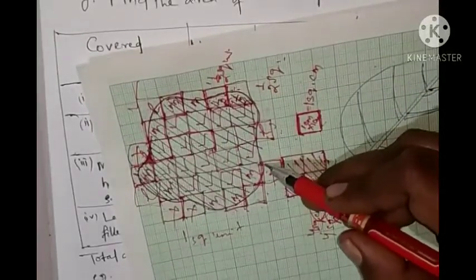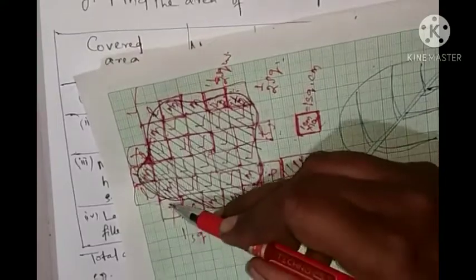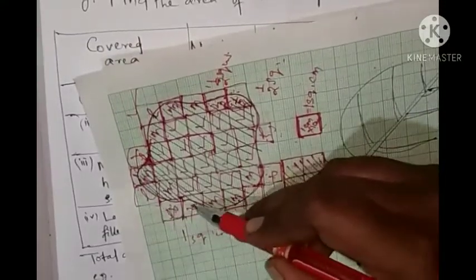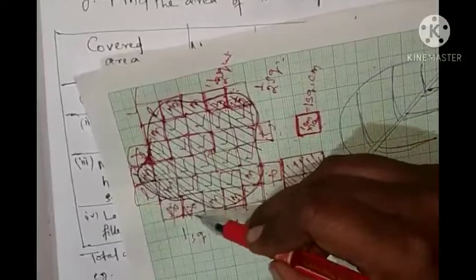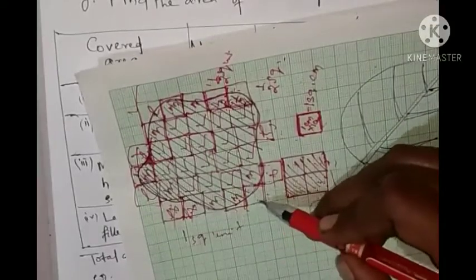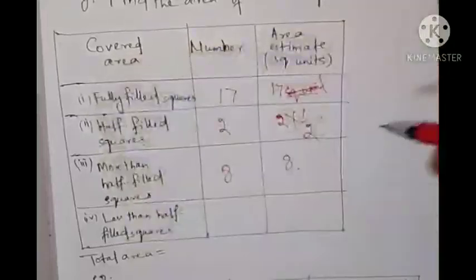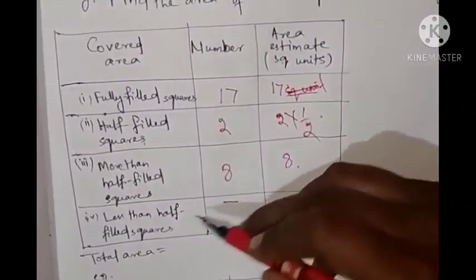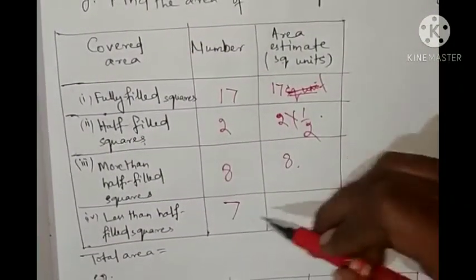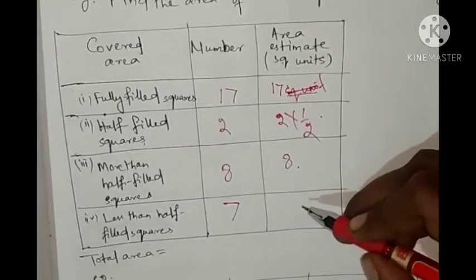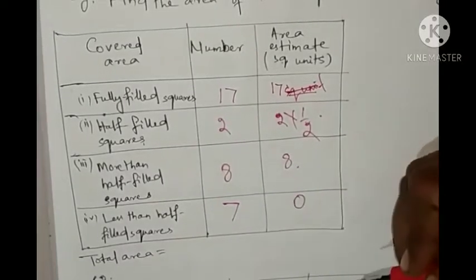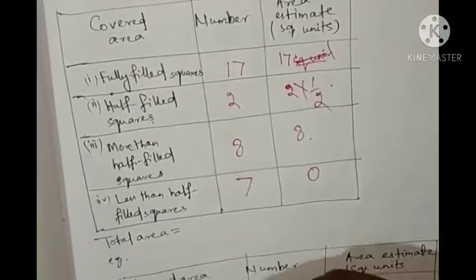Then here this is less than half filled, 5. This is less than half filled, 6. And this square is also less than half filled, 7. So how many less than half filled squares? 7. Less than half filled means you will ignore them. What will you write? Ignore means 0. Now we will find out the total area.